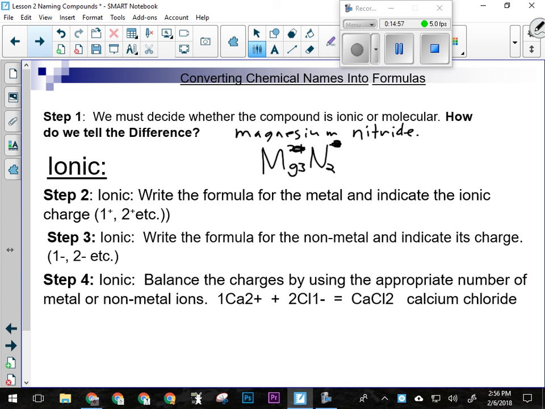What if I had this one? What if I had molybdenum 4 oxide? If we look up molybdenum on our periodic table, molybdenum is right here.